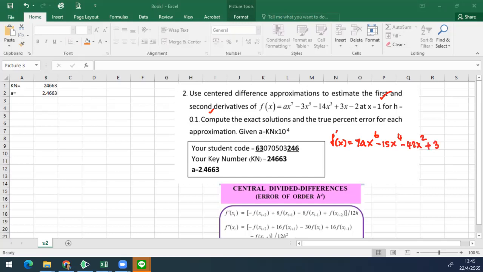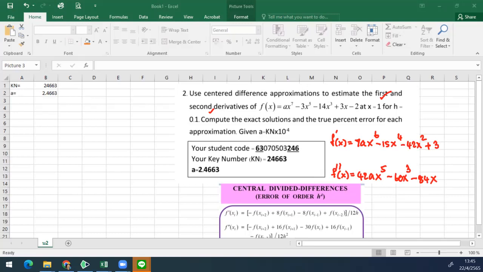Then the second derivative becomes 42a x to the power 5, minus 60 x to the power 3, minus 84 x, and that's all.